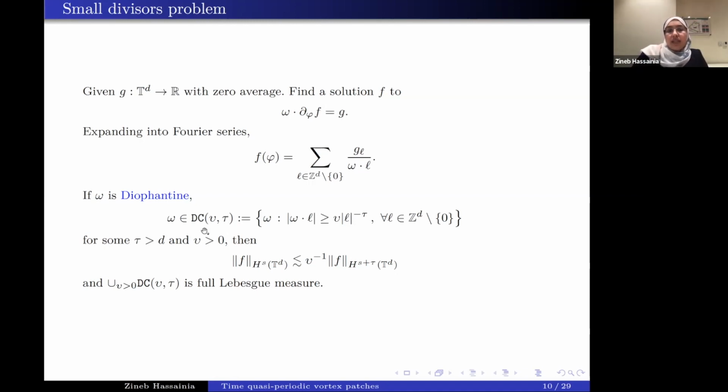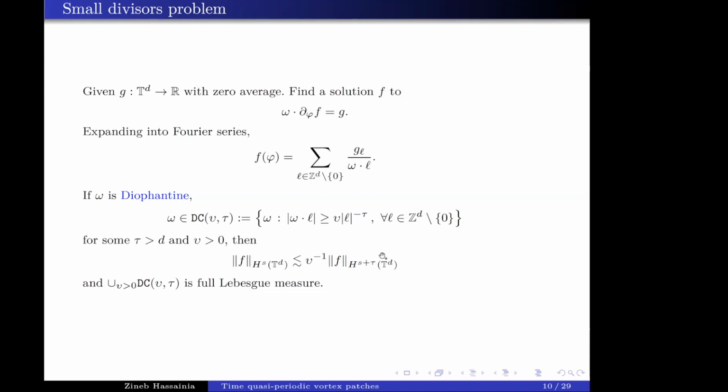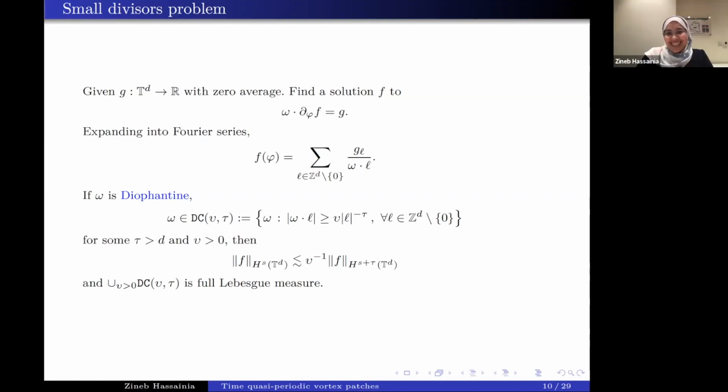So if omega is Diophantine, then you can estimate in Sobolev space, but with a loss of regularity tau. Probably it has to be g in the right-hand side, not f. Yes, yes. Thank you.